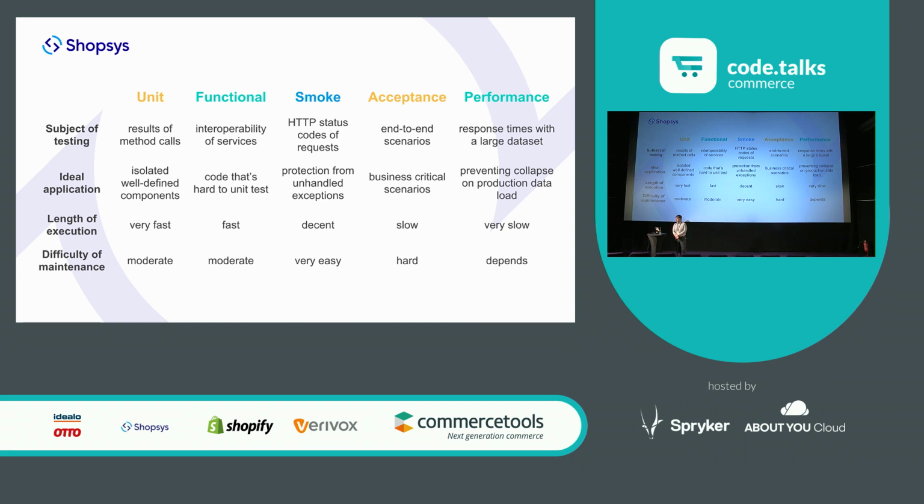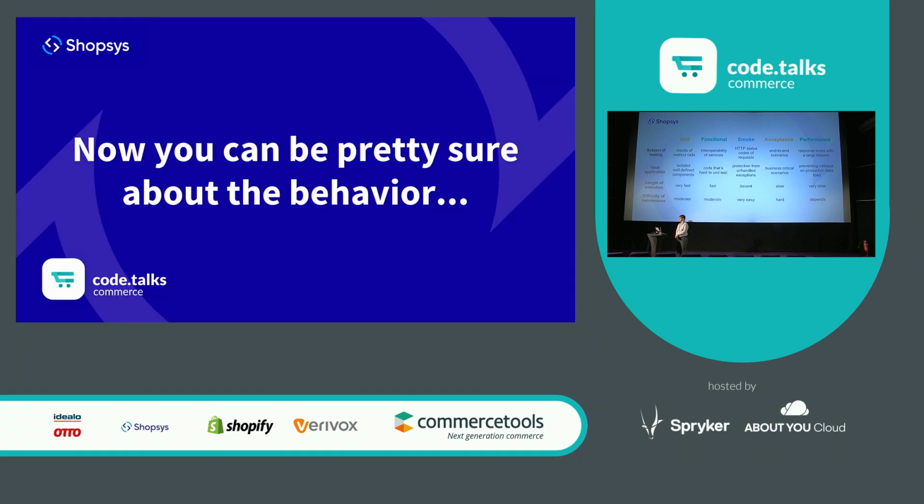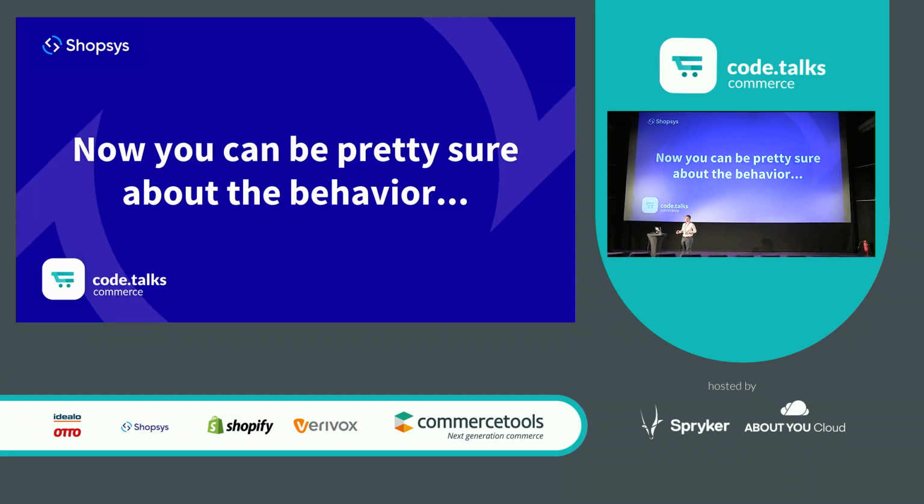So I really don't recommend having a lot of acceptance scenarios, but you should definitely cover all your business critical scenarios. So when you've implemented all that, you can be pretty sure about the behavior of your application. You can be pretty sure that it behaves well and really as you intended.